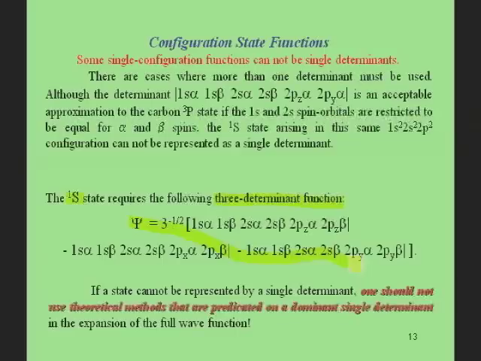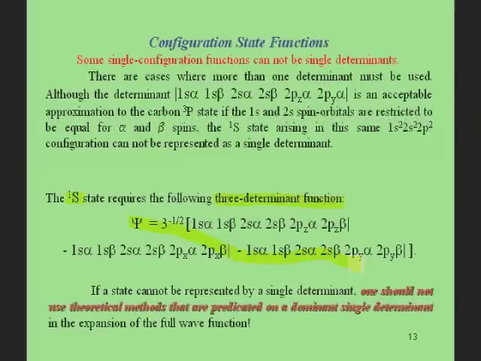But then 2pz alpha, 2pz beta, but some mixture of 1s alpha, 1s beta, 2s alpha, 2s beta, 2px alpha, 2px beta, and then another part, 2py alpha, 2py beta. Say, is that really true, Jack? Yeah, it is true. There's no single determinant that you can prove is singlet and has L equals 0 that involves 2p times 2p, double occupancy of the 2p.